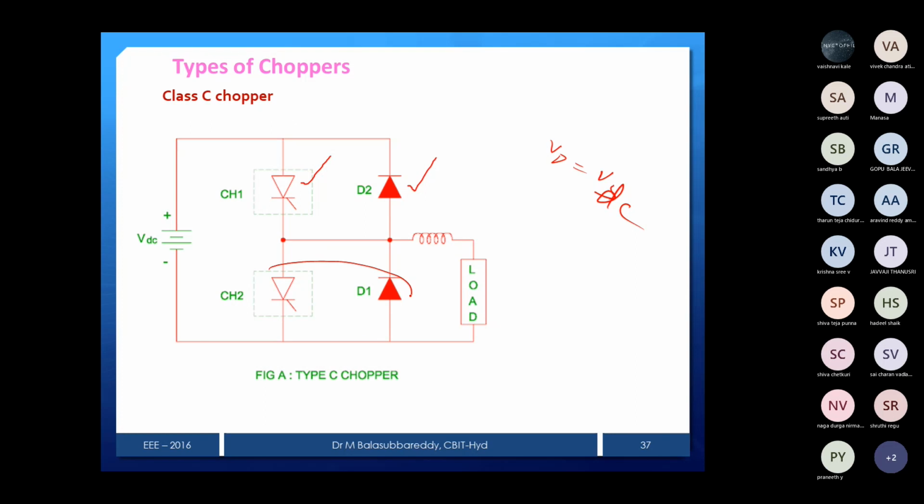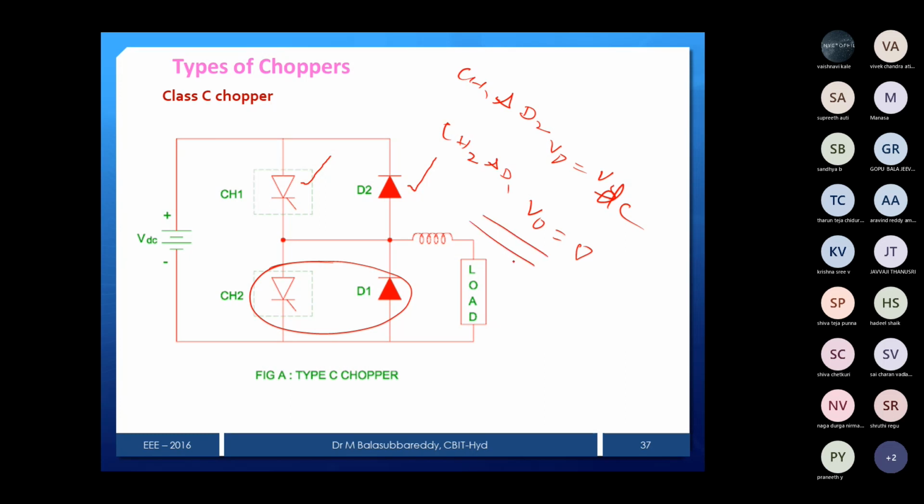And if CH2 or D1 is on, your output is equal to 0.